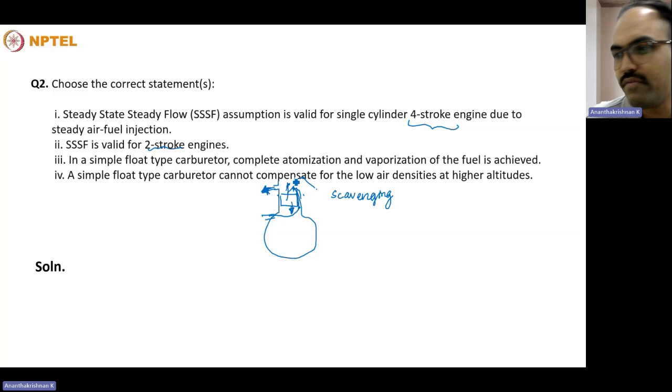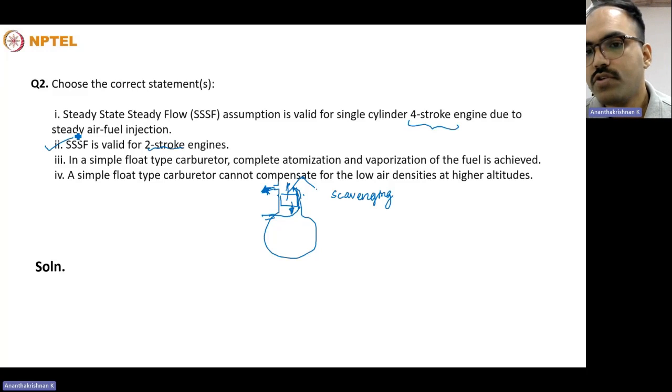And thereby, if you use an approximate analysis, you can average it out. You can say that the average of the components will not vary throughout the cycle in the case of two-stroke engines. But that is also an approximate analysis, not exactly correct.